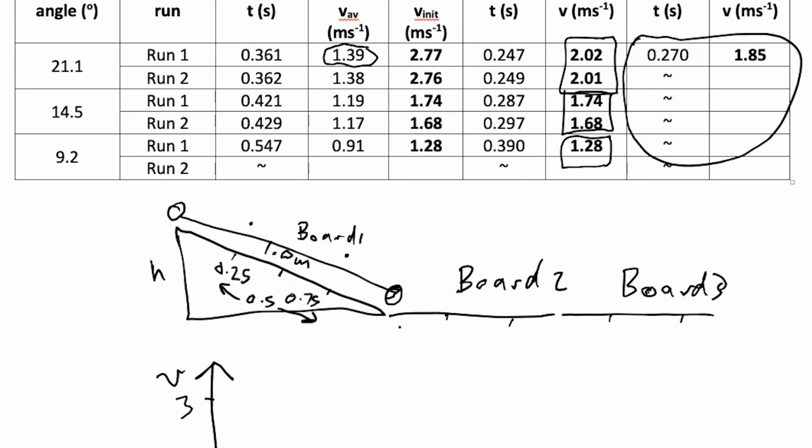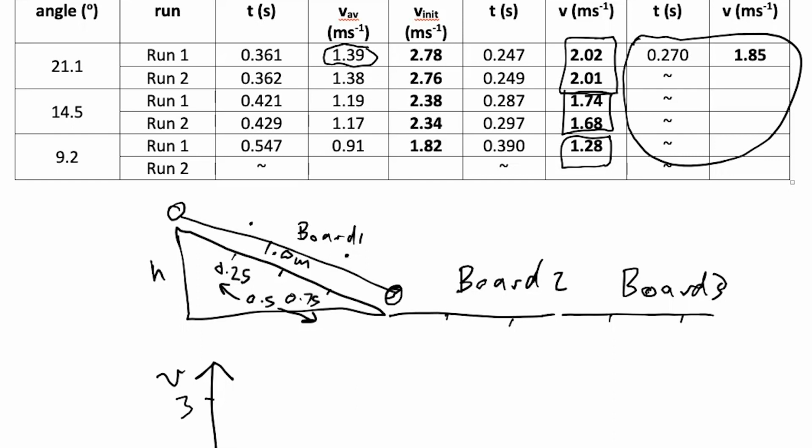This is a little bit conceptually challenging, but that's the average velocity in the middle, and the velocity is 0 at the start. So you would imagine if it's constantly increasing that the velocity will be twice that average value by the time it gets to the end of the board. So all this column is, the initial velocity at the bottom of the board is double that average velocity. So I've literally just doubled those numbers to get these numbers.